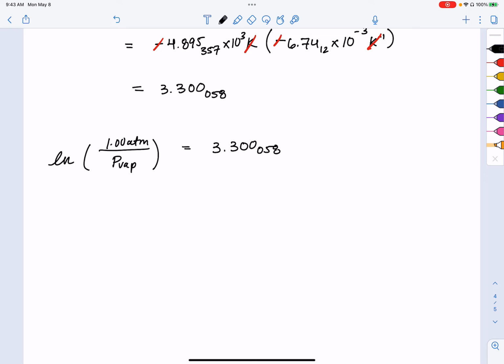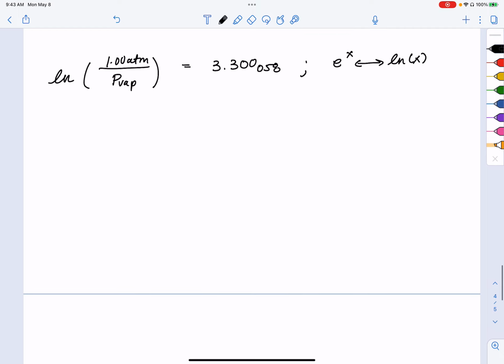And let's remind ourselves that exponential functions and natural log functions are inverses of one another, meaning if I were to take the natural log of both sides of an exponential, that would undo the exponential. And here, if I were to now take e and raise both sides as an exponent of base e, that would undo my natural log.